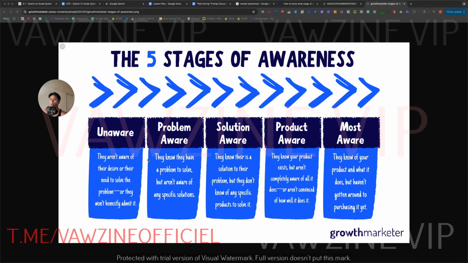And when you have that mismatch, you're not going to be able to effectively sell someone your product, because ultimately, whichever awareness level you're targeting, your goal is to move them from wherever you're starting all the way down into most aware, right? You want to basically educate people, whether they're unaware, problem aware, solution aware, or product aware, to the point where they're most aware, where they know everything your product does and they know they want it.